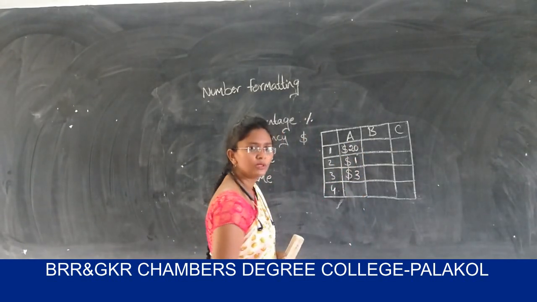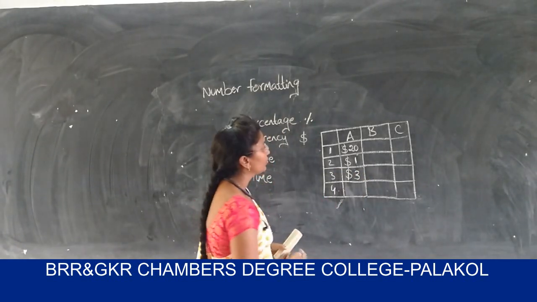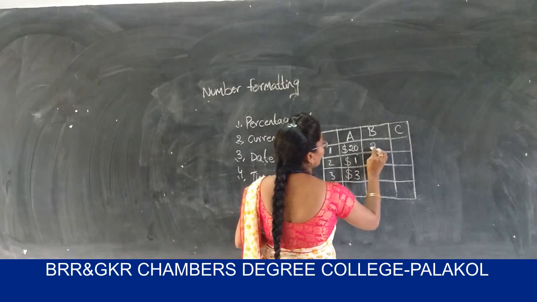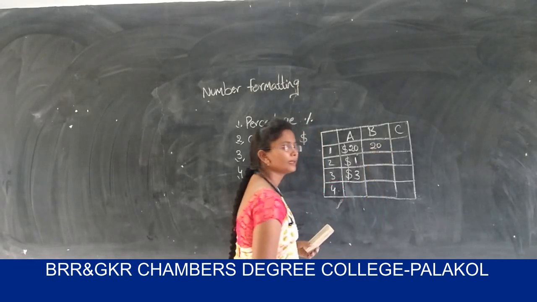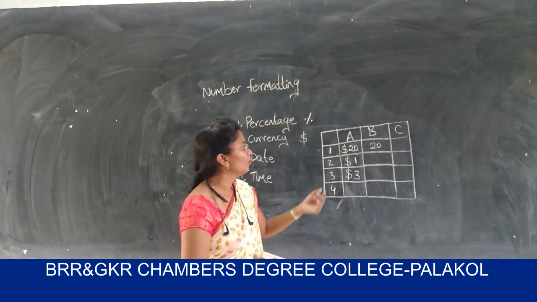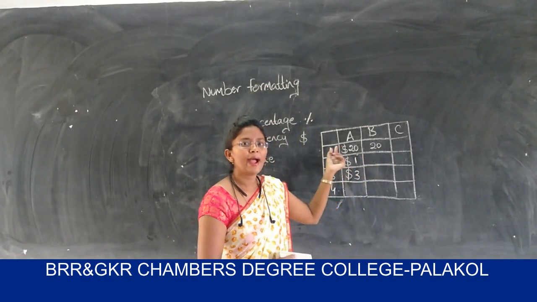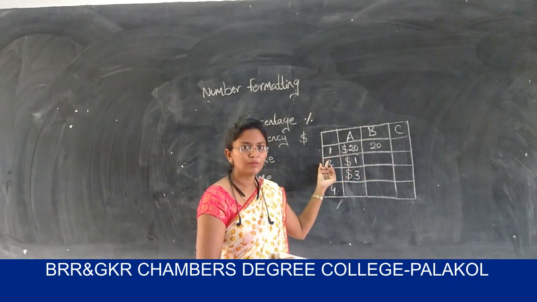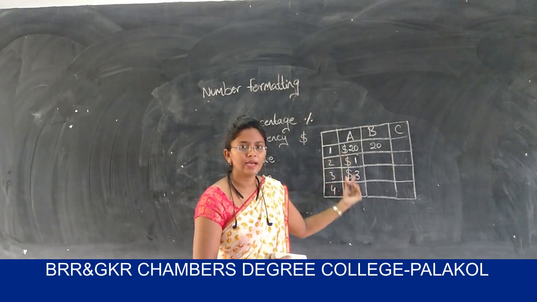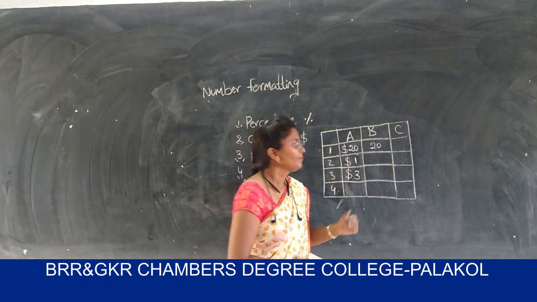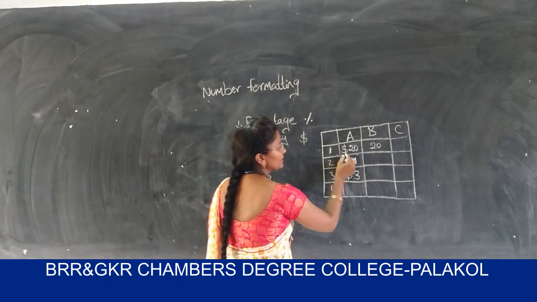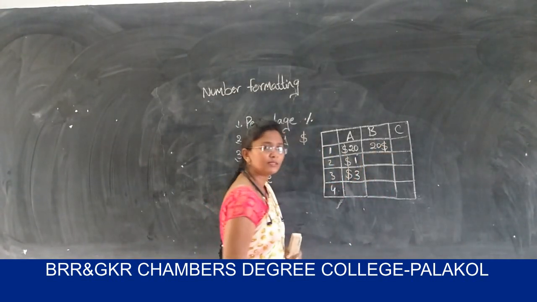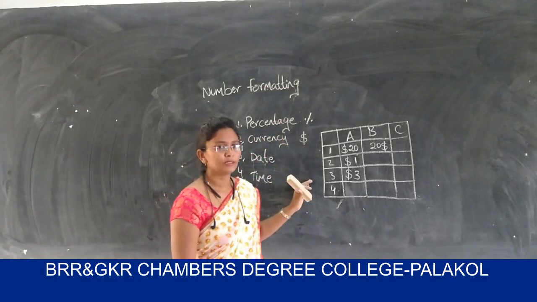If you enter the data 20, it will be categorized as the number 20. If you add a currency symbol before the number, it will be categorized as currency. If you add the dollar symbol after the number, it won't be categorized as currency.